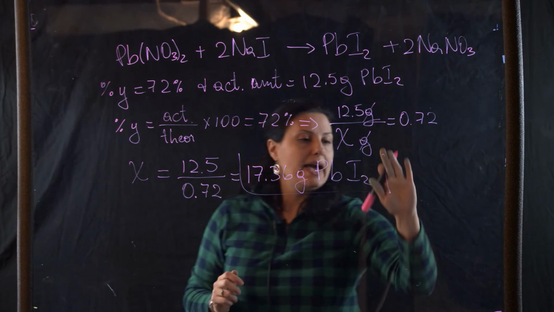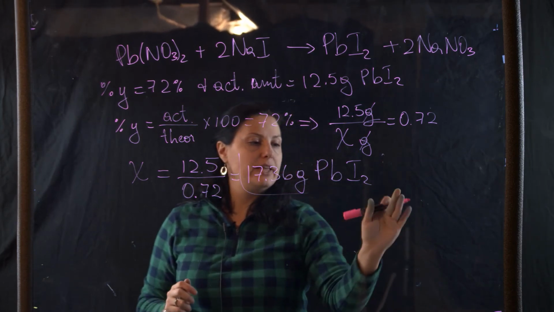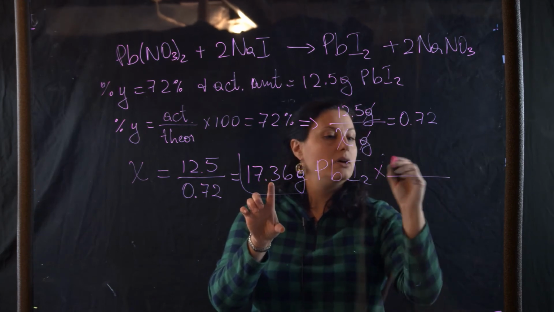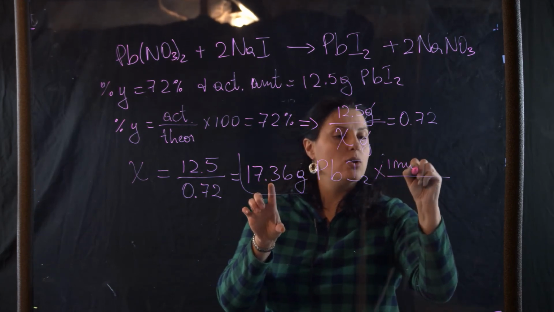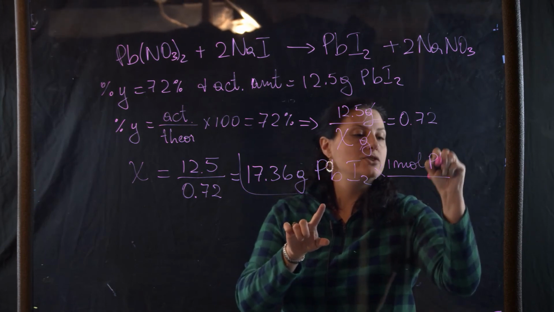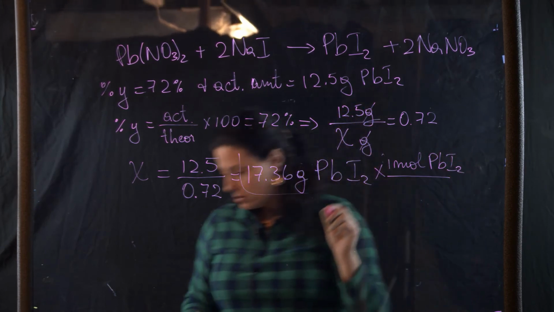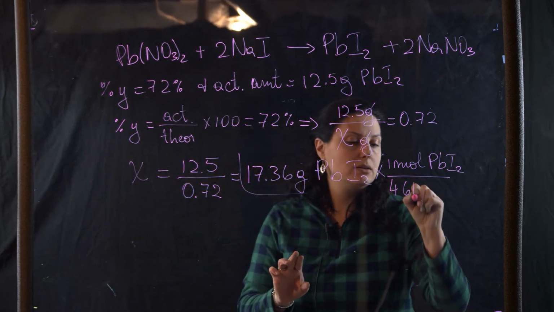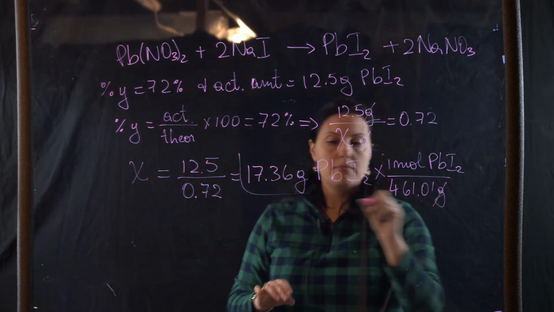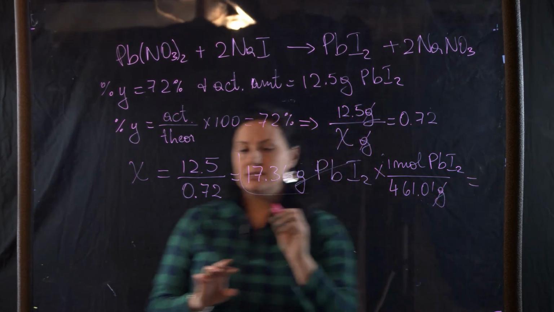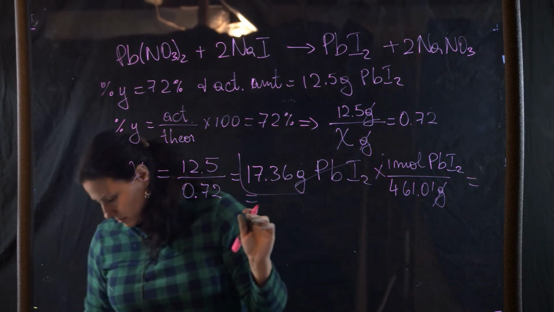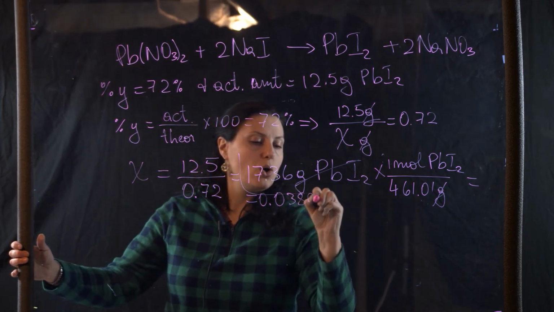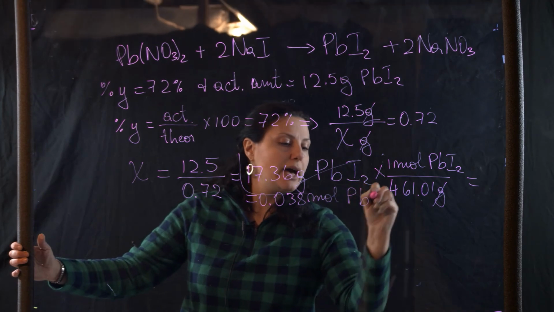So I have this many grams of lead 2 iodide. To convert that to moles, I know 1 mole of lead 2 iodide will weigh 461.01 grams. My grams will cancel, and this gives me 0.038 moles of lead 2 iodide.